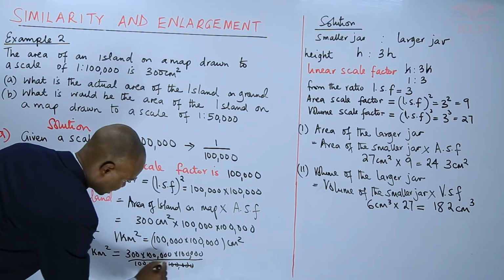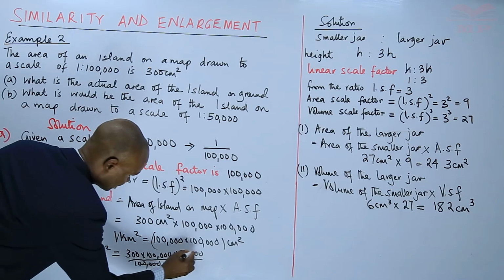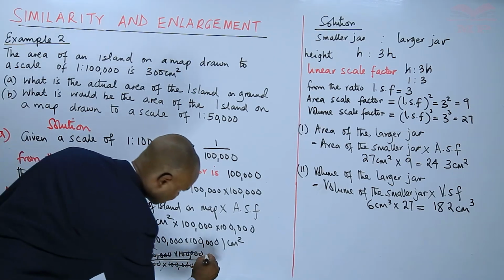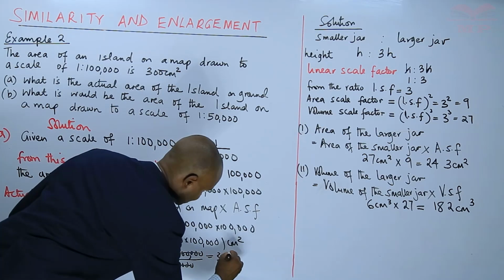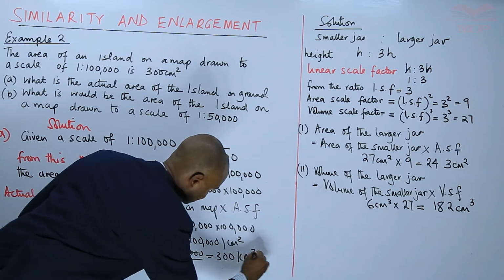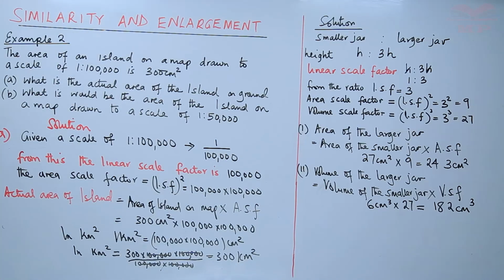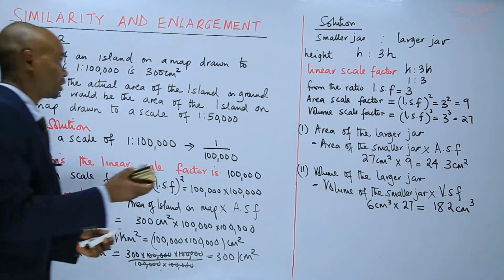If you are to work in kilometers squared, this will cancel this and you remain with 300 kilometer squared. So that would be the area of the island on the ground. We move to B.